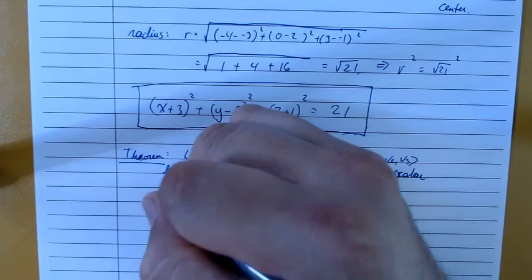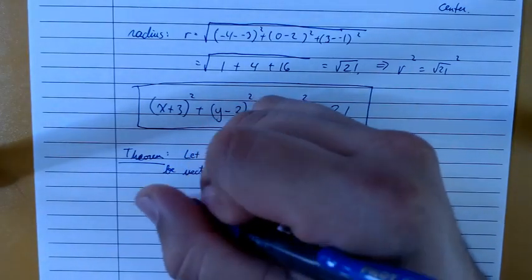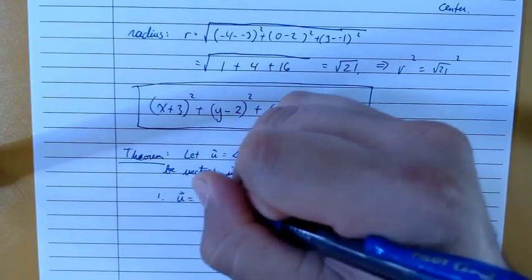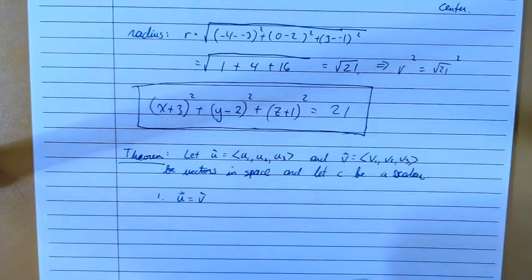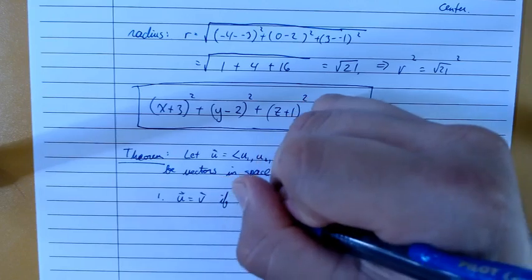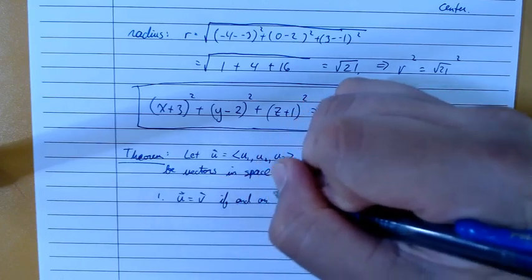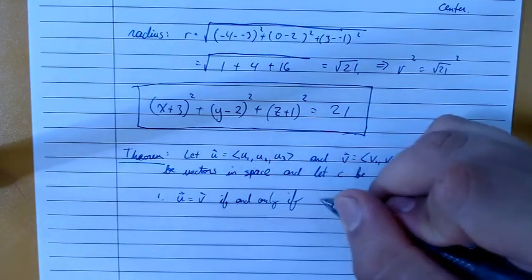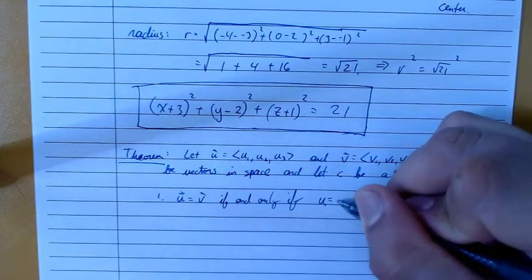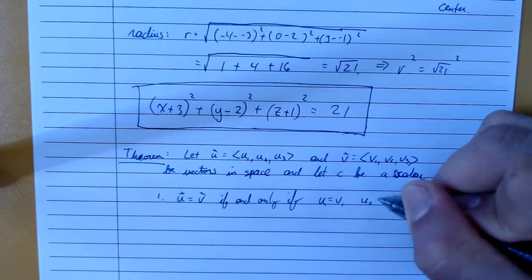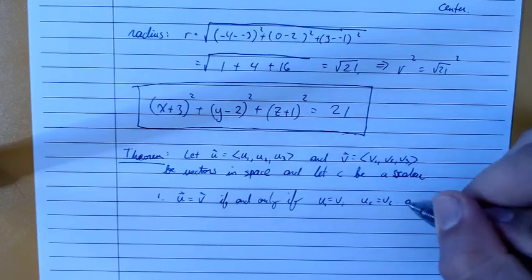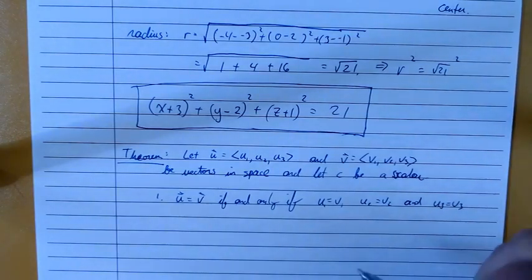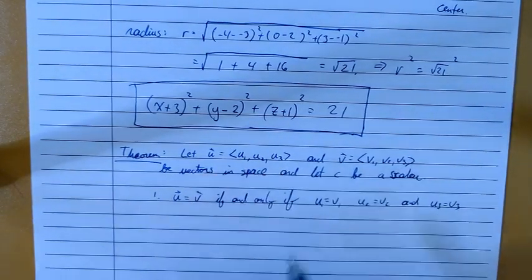In that case, all the following things are true. One, the vector u and the vector v are equal if and only if u1 equals v1, u2 equals v2, and u3 equals v3. So in other words, two vectors are equal if and only if all of their components are the same.